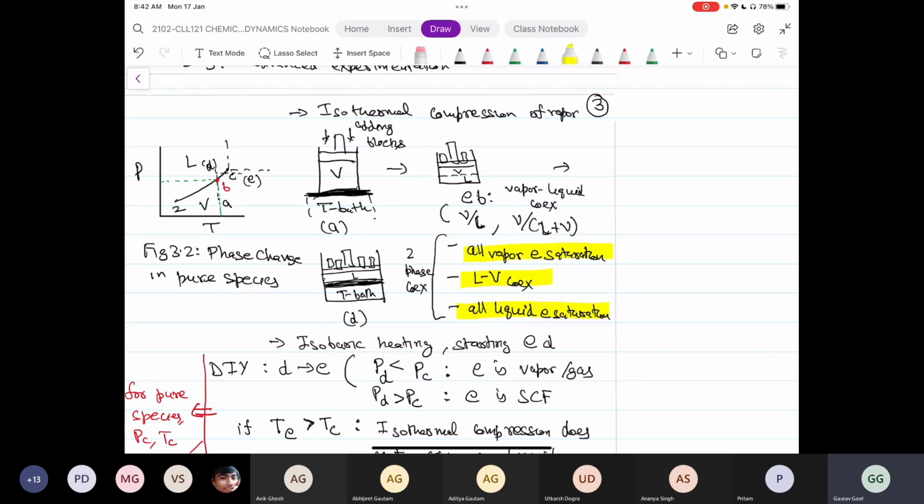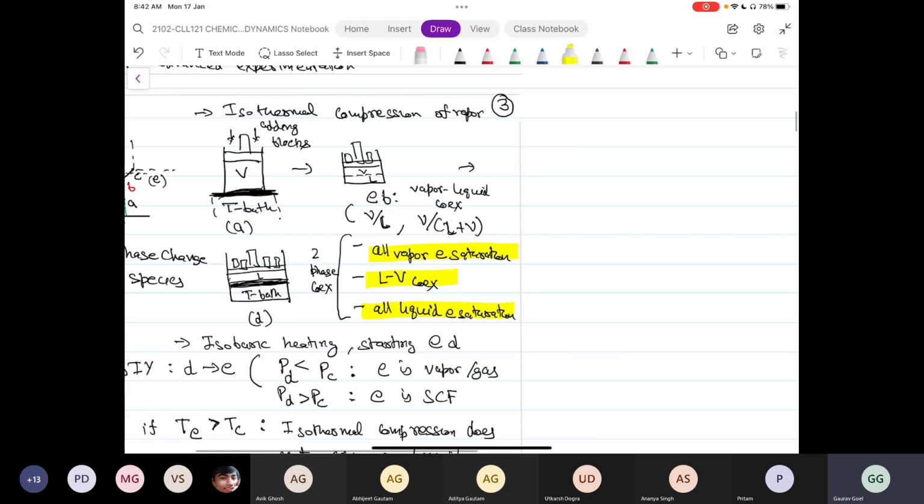Okay. The possibilities are either you have saturated liquid. So you can either count it as 3 possibilities or you can simply state the meaning of vapor liquid coexistence is that you have a saturated vapor with saturated liquid.